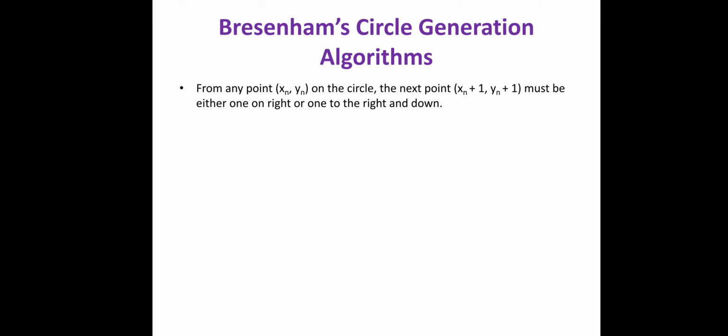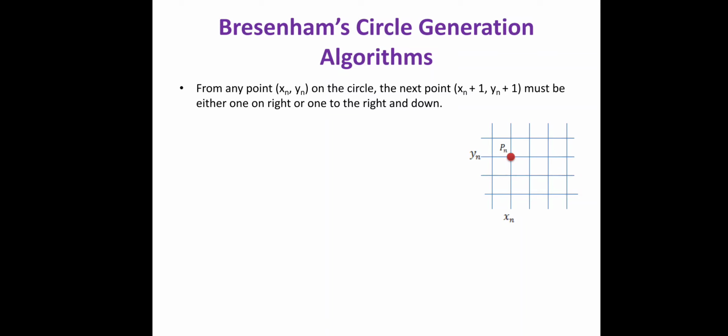Then from any point, for example xn, yn on the circle, what will be the next point? Suppose this is my Pn with its value as xn and yn. These are the coordinates of the current point Pn, which is on the circle. Now I want to find the next coordinate that will lie on that particular circle.